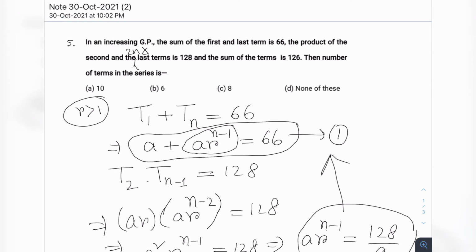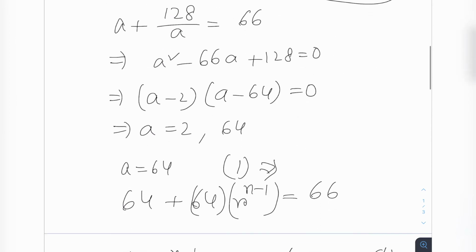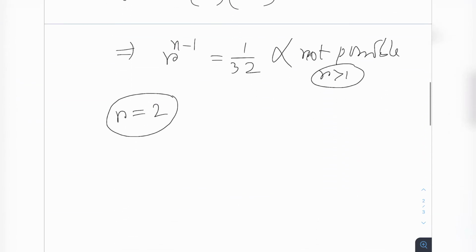Achha. Sum of the terms is 126. So sum of the terms will be, এটা আমাদের আর চেক করার দরকার নেই, তাও একবার দেখিয়ে দিচ্ছি.